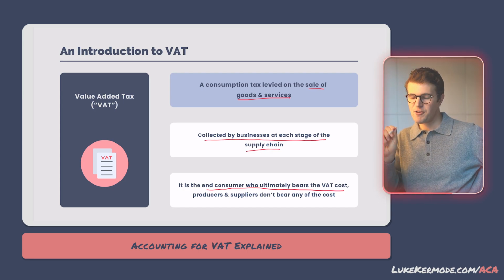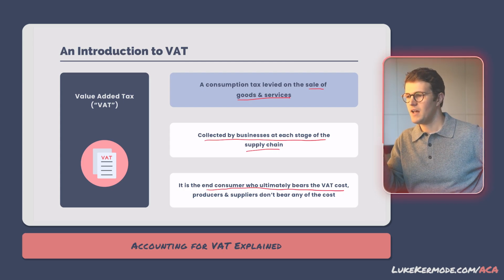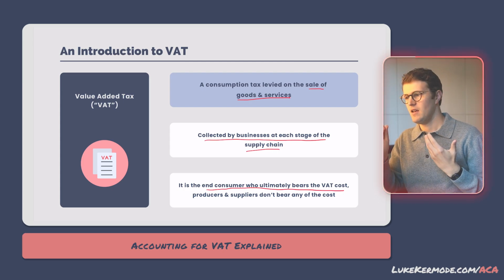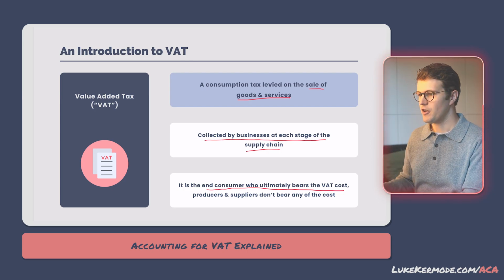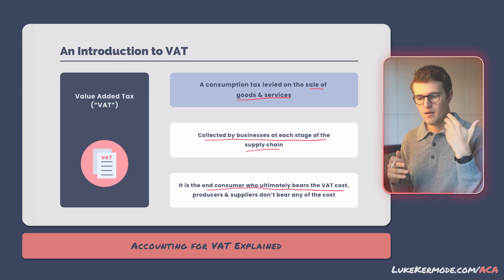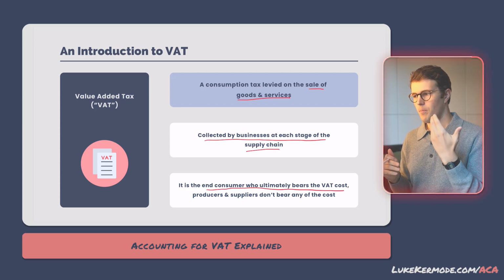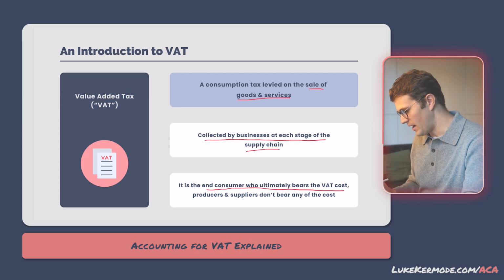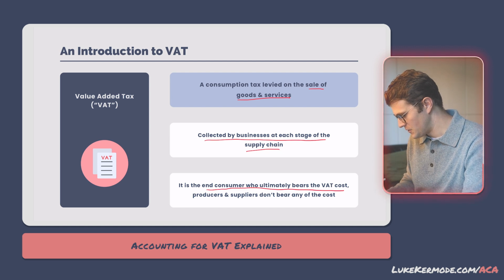VAT is collected at every stage of the supply chain, whether it's the manufacturer, the wholesaler, the retailer. If they're VAT registered, they can reclaim any VAT that they've paid on their own purchases. But consumers don't have that option. So in essence, VAT is collected multiple times but only paid once by the final consumer.